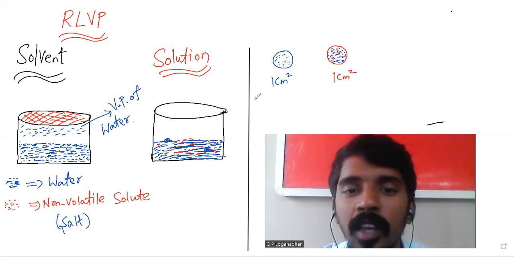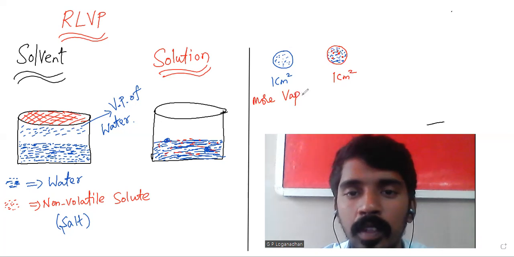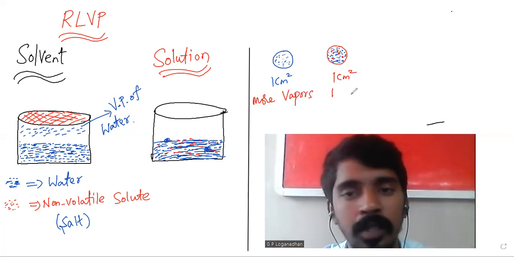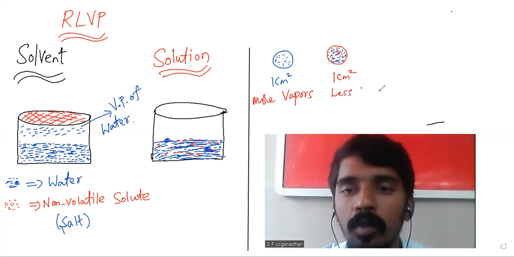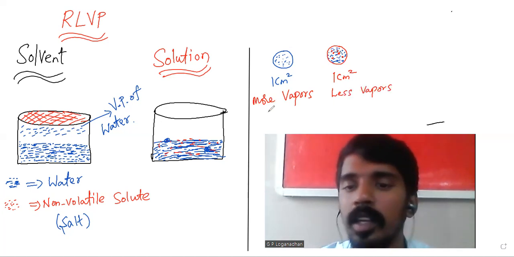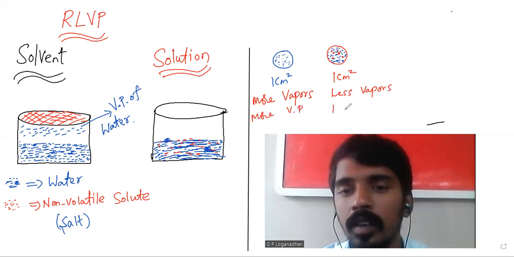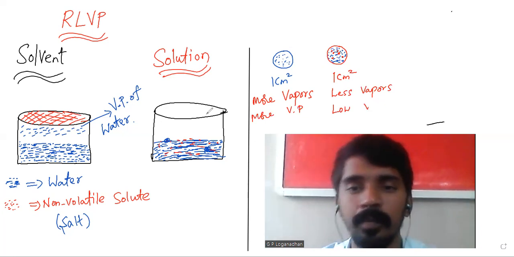So the solvent gives more vapors and the solution gives fewer vapors. More vapors create more pressure, so here it is more vapor pressure, and here it is low vapor pressure.